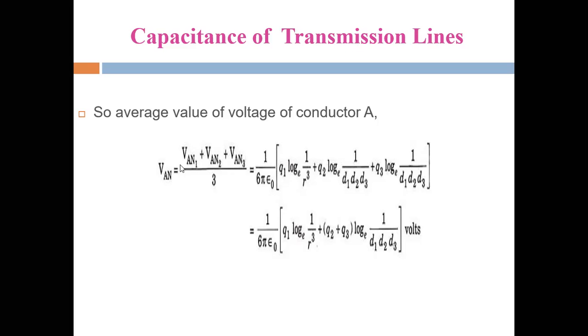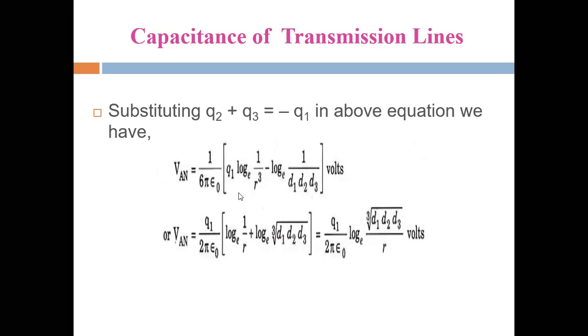Therefore VAN is equal to VAN1 plus VAN2 plus VAN3 by 3. Next, substitute Q2 plus Q3 equal to minus Q1 in the previous equation.